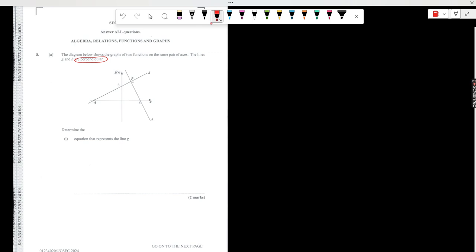The y-intercept, of course, is the value where the graph cuts the y-axis. So with that said, do we have the y-intercept for the line G? Yes, sir. What is the value? 3. So we can say that for the line G, we have the y-intercept, and we usually use the letter C to represent the y-intercept. So this is equal to 3.